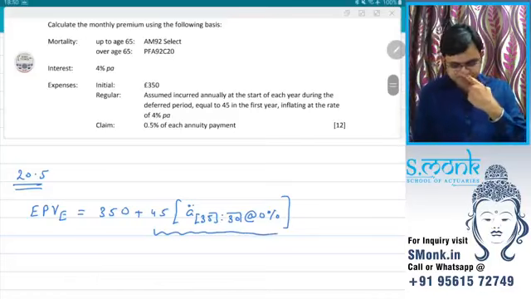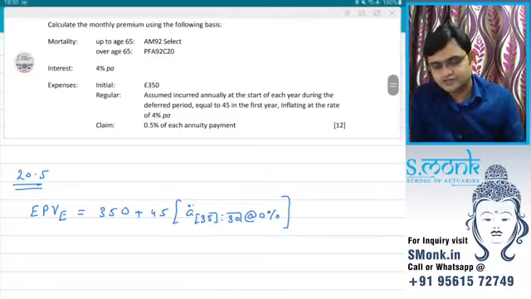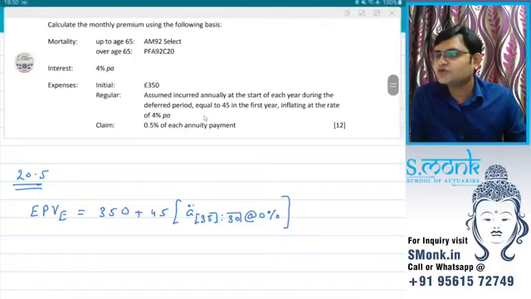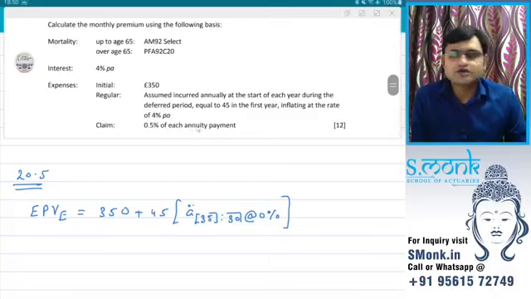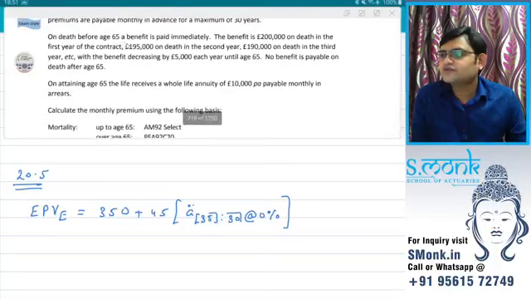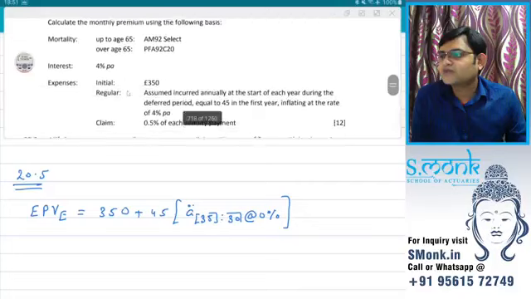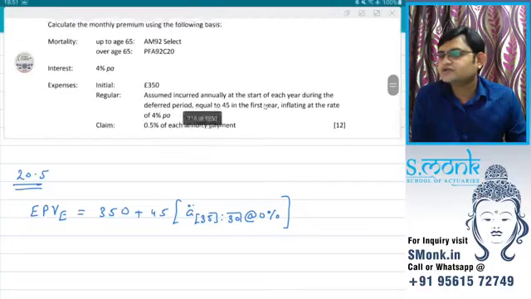Renewal expense. And then claim expense. This claim expense is for each of the annuity payments. This claim expense does not count in terms of assurance payments. They are talking about the annuity payments. The annuity payment is going to start after 65, so this claim expense will start after 65 only.